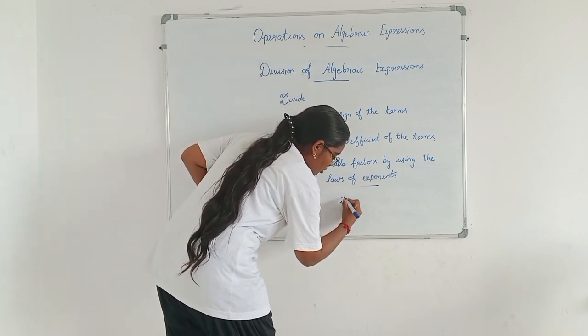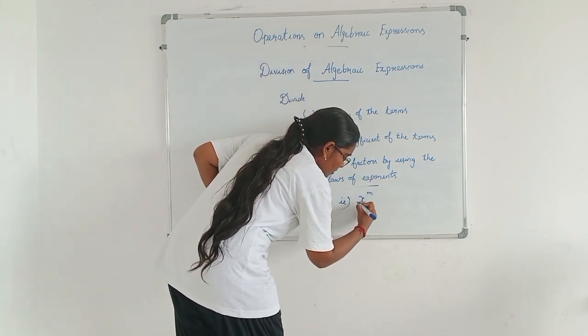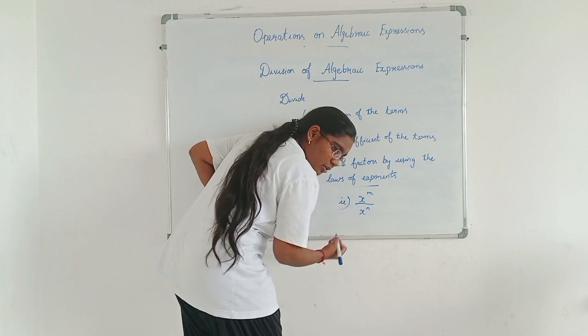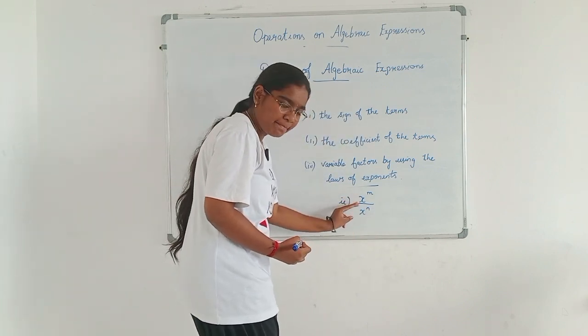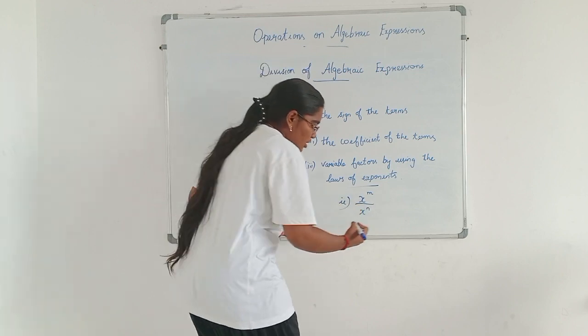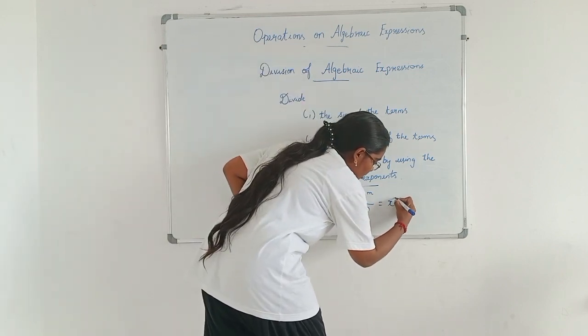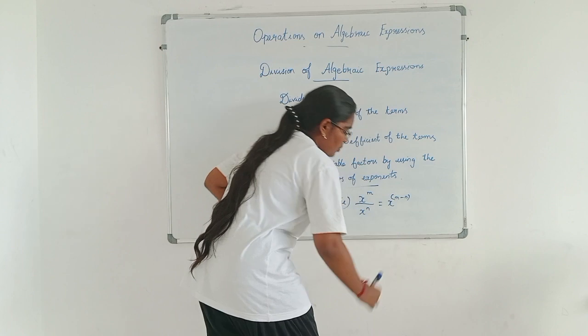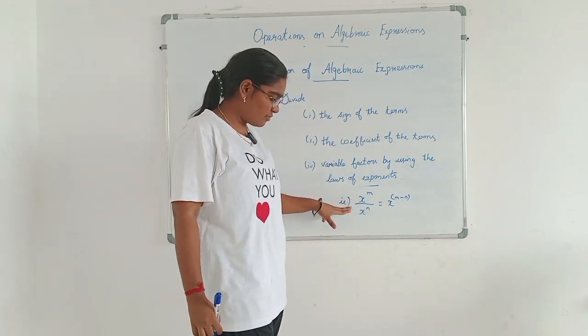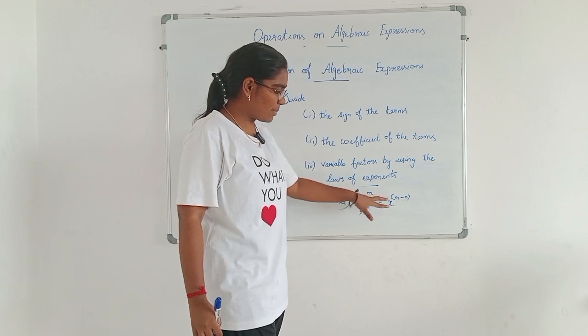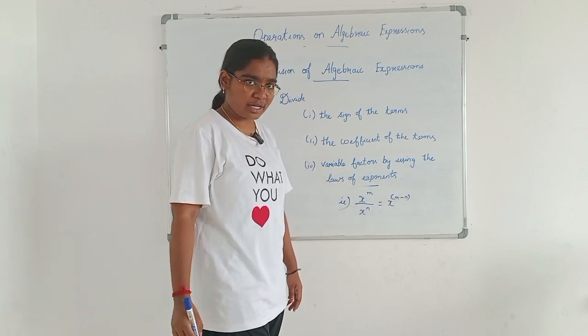Here the law to be followed is x to the power of m divided by x to the power of n. That means the base is the same in division format, so you can subtract the exponents.